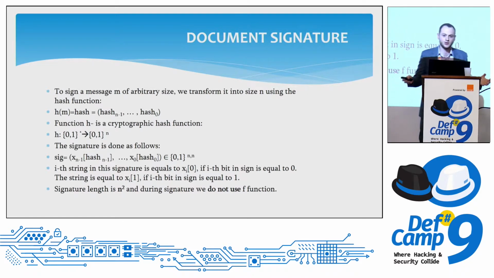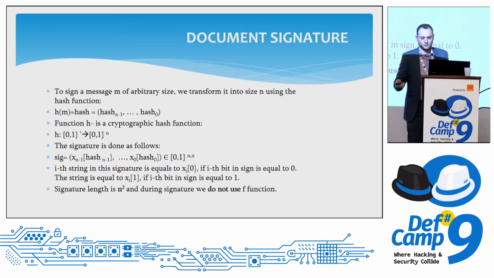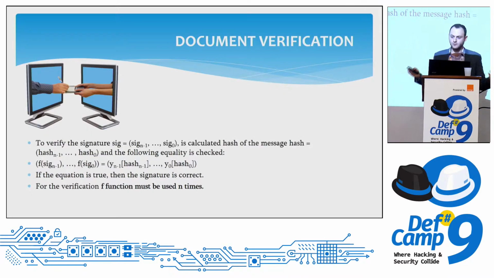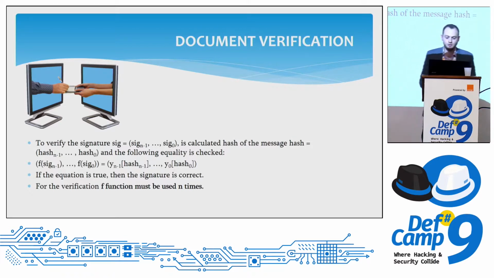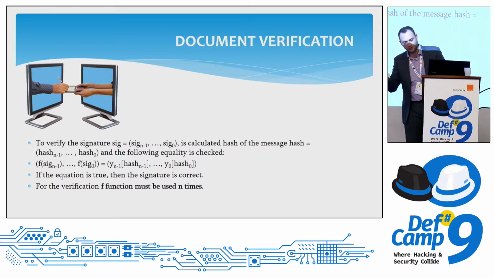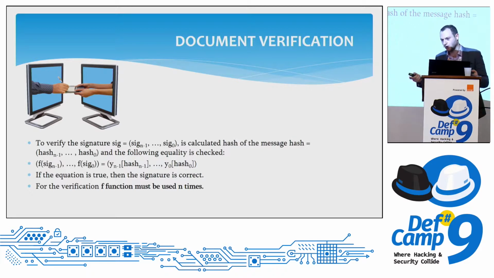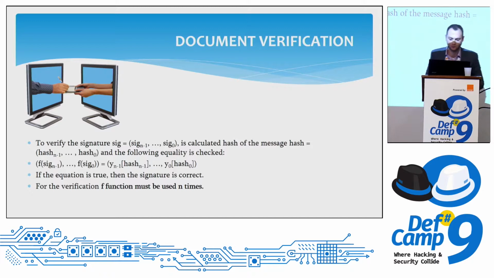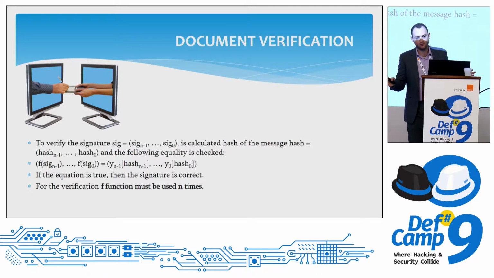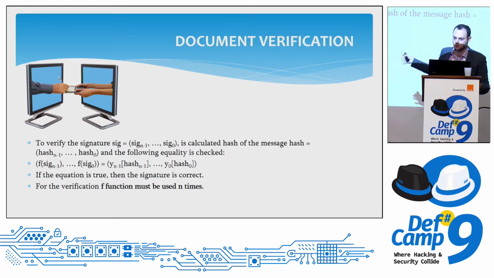In this case, we don't use a function at all. How do we verify? First of all, we hash the message. Afterwards, we look at the message and check if the hashed value is equal to the corresponding y value: if 0, the first one in the pair, if 1, the second one. And the one-way function here is used n times.